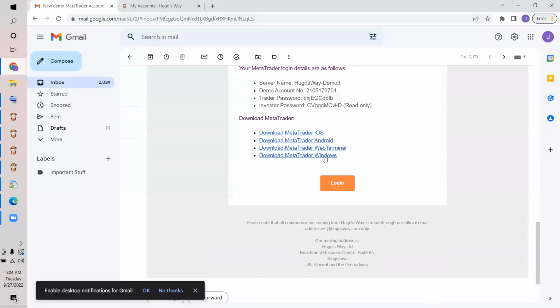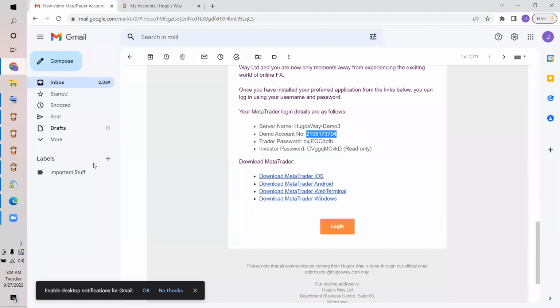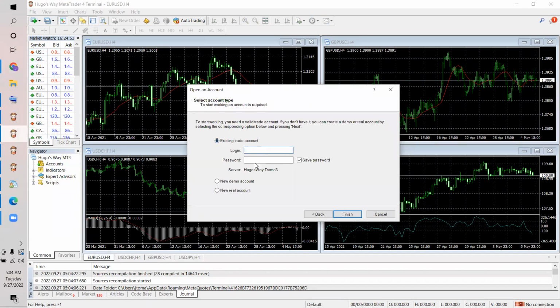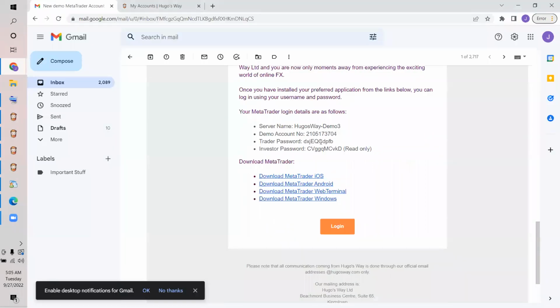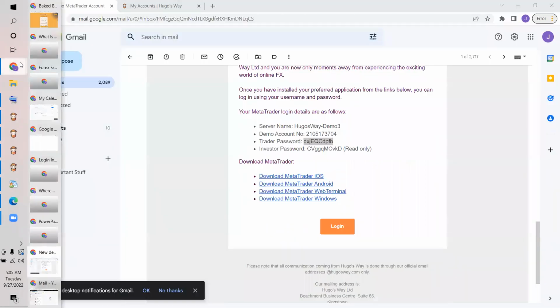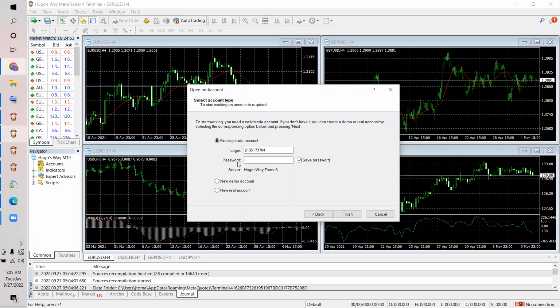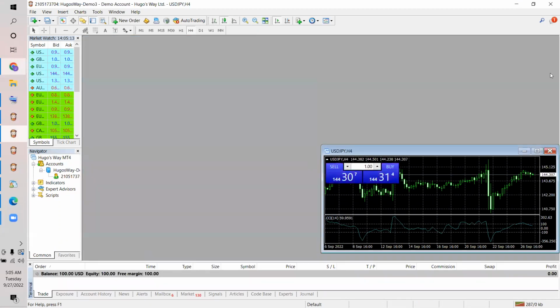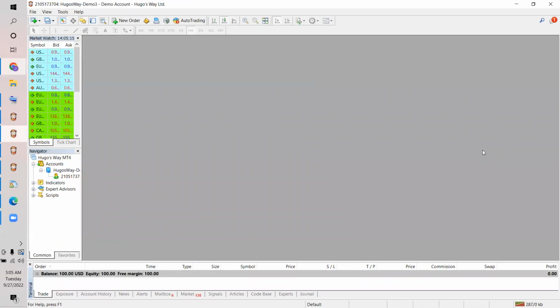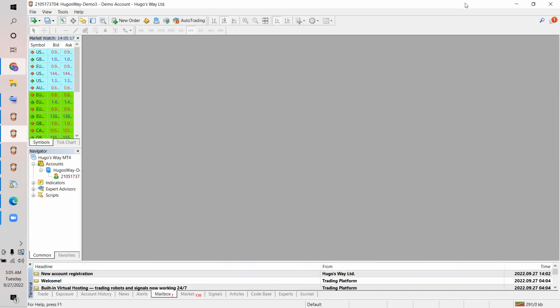Then from here, I will enter in my new account information. So essentially, I'll have 4 Hugo's Way terminals up, each trading separate pairs, and each one of them trading on the 15-minute time frame. Okay, perfect. That baby is up. That baby is ready to go. So I will need to get this particular terminal set up, and I will be right back.